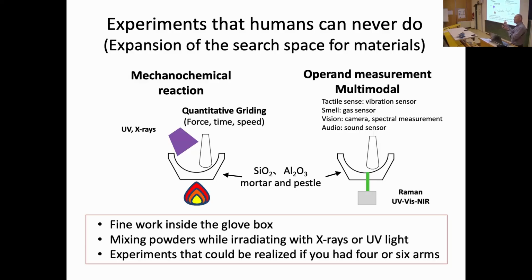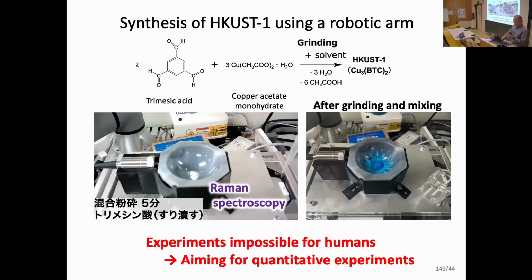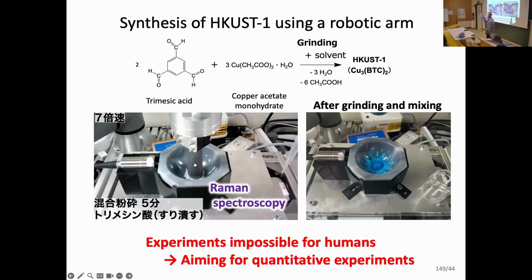Why it depends is that it's not quantified. If a robot is doing this, then we can ask it to do 10 Newton, and the next experiment 12 Newton, 15 Newton. So it can be quantified.